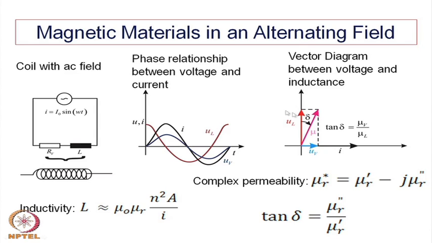So, you have the inductance like this, the inductivity L equal to mu 0 mu r n square A by l, where l is the length, A is the area, and n is the number of turns we use in the coil. So, the total inductance is certainly dependent on the permeability of the magnetic material used.